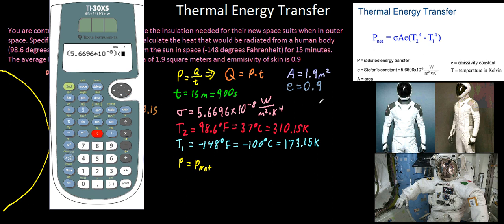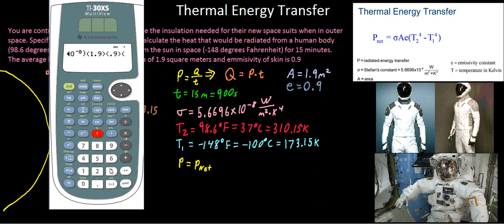Times our area, which is, what, 1.9. And then again, we can close that parentheses and then open it again. We multiply that by our emissivity constant, which is 0.9 for skin, apparently. Then, of course, we just multiply it by T2 to the fourth power minus T1 to the fourth power. And this part gets kind of confusing. We're taking it to the fourth power, both numbers.